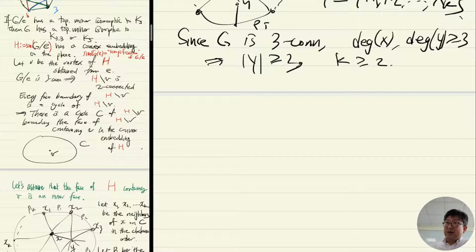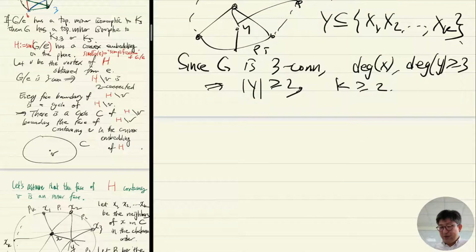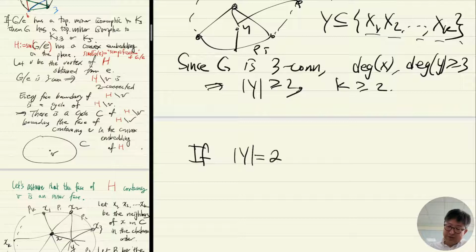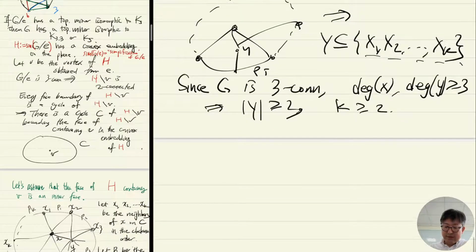Now, every neighbor of y is one of these vertices, right? Yes, if y is 2, oh, actually, yeah, I mean, we can use a symmetry.